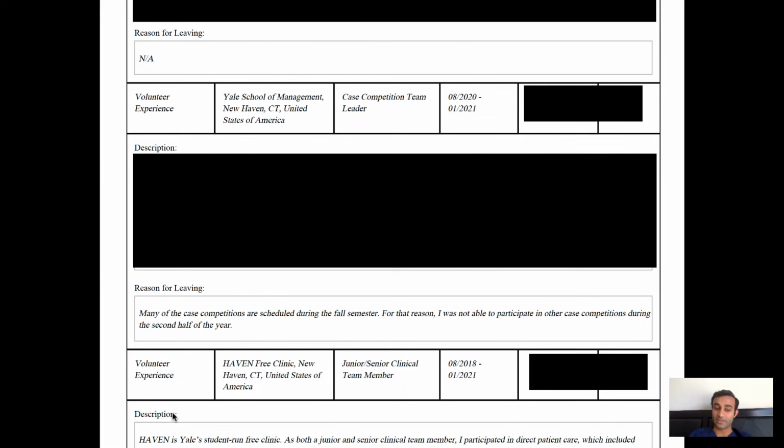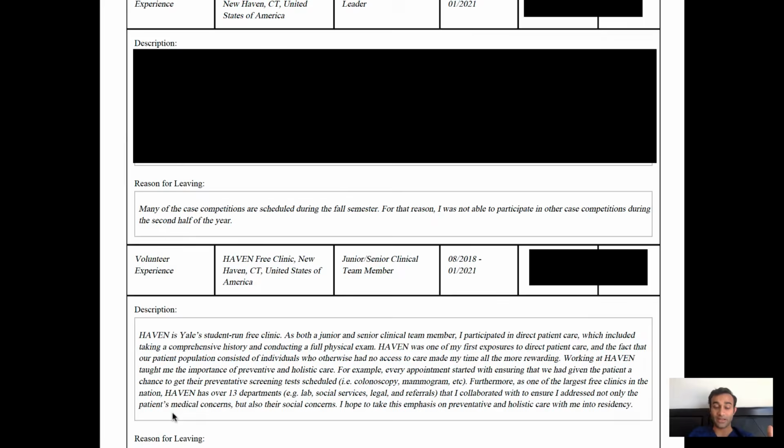The next volunteer experience is particularly meaningful because this one is a little bit more related to medicine, and it basically has to do with the free clinic we have at Yale. And so you can see here that Haven is Yale's free clinic. I worked there as a senior clinical team member, and I told them directly what I did there, which is taking care of patients who may be uninsured or underinsured. I took physicals, I did labs.